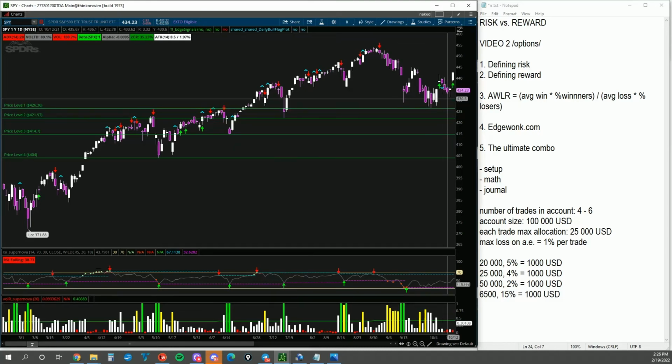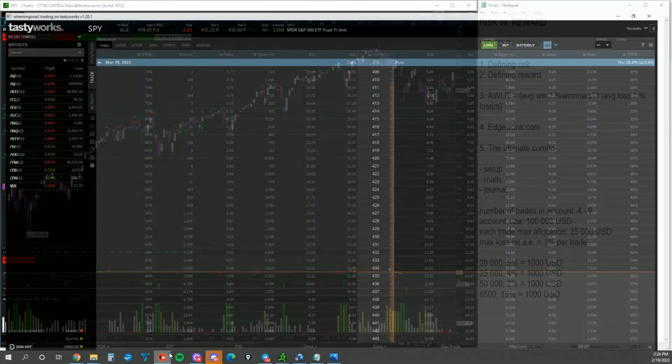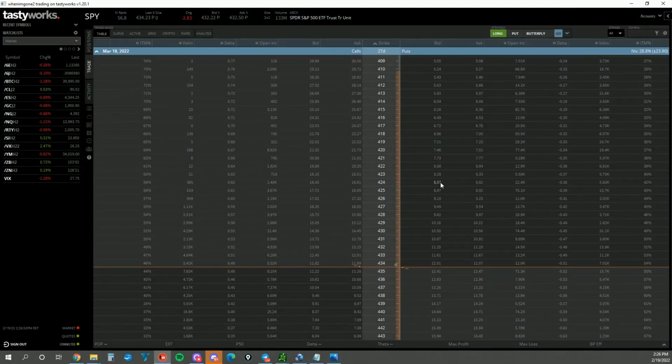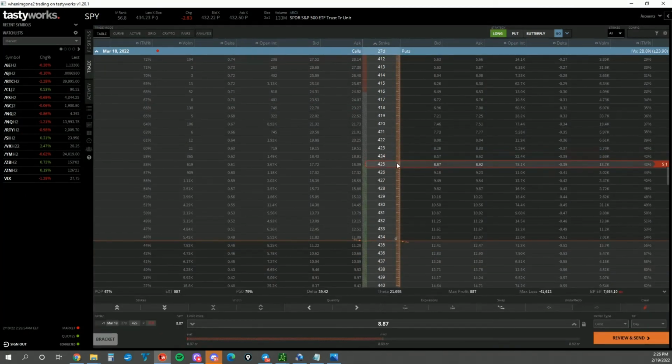below this. However, most traders that are doing put credit spreads or call credit spreads are counting on a higher accuracy percentage. So they can go for 70, 80, 90% correct trades. However, as you see with any put credit spreads, 425, 420, you're risking more than you're gaining.